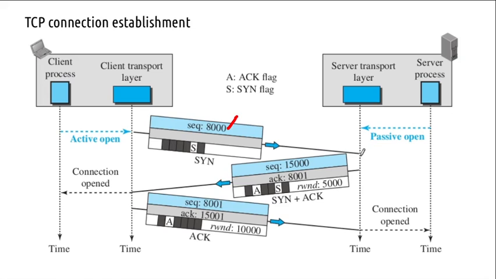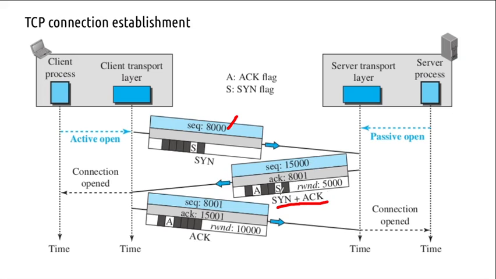The server TCP layer receives it, and then it processes this and, if it is ready, it is already willing to accept connections. It's passive open. So it will respond with a SYN plus acknowledgement segment, because it is an acknowledgement for the SYN segment, and it is also sending its own SYN.